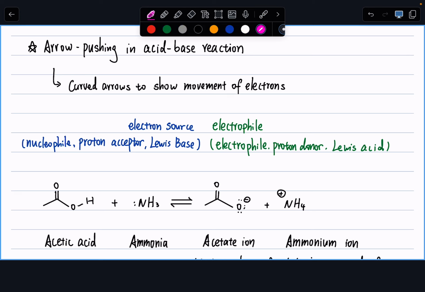That electron source can be a nucleophile or a proton acceptor, a Lewis base, a lone pair, a pi electron. So you always start your arrow from an electron donor or electron-rich moiety of your molecule.